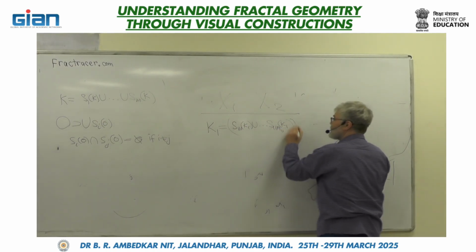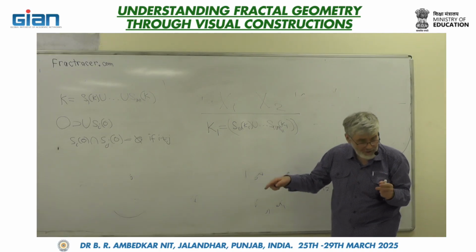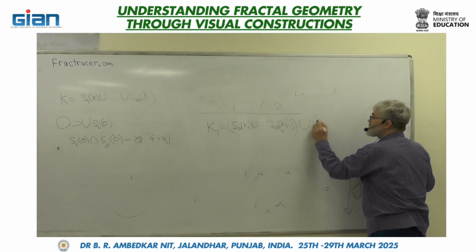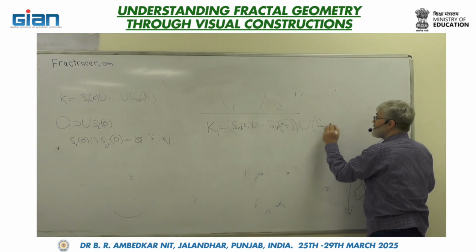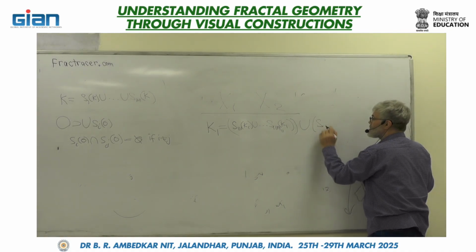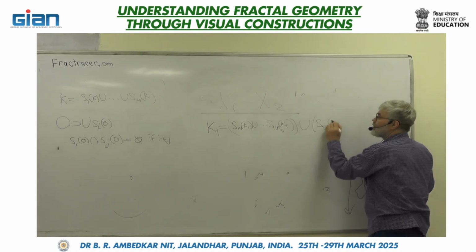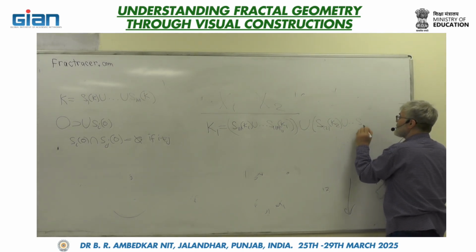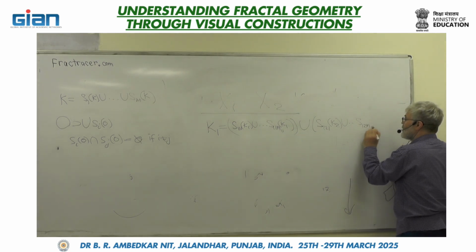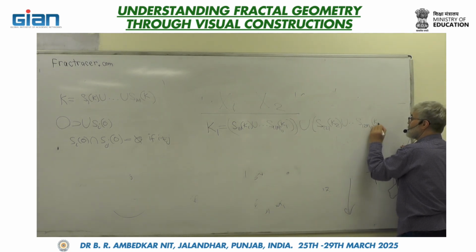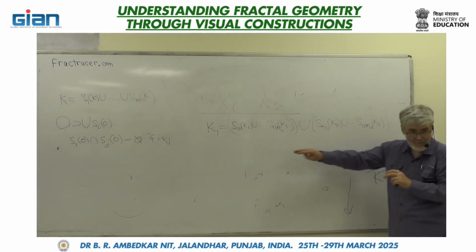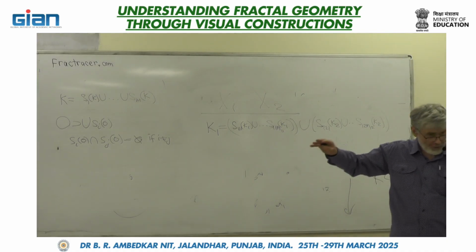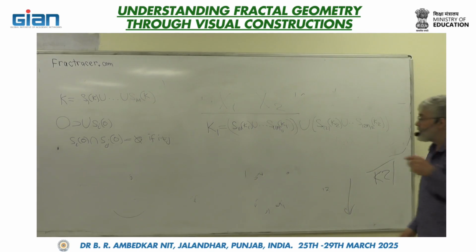So we have several maps which send K1 to itself, yes? And union S_{2,1} of K2 union ... union S_{2,M1} of K2, right? This way. And a similar equation we have for the second copy.